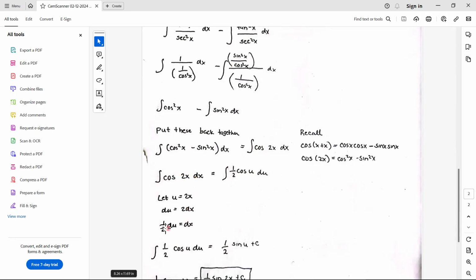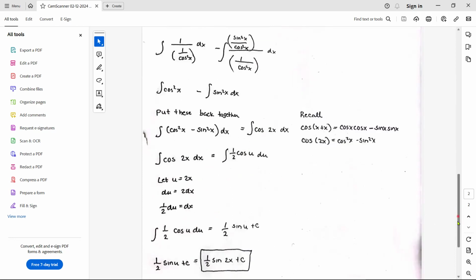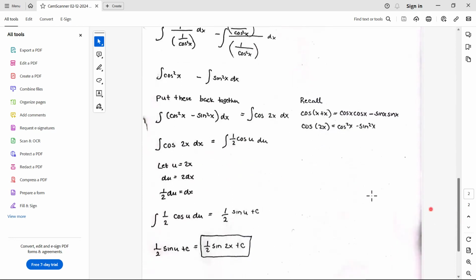Du is 2 dx, and then use a fraction to help me. So what I end up with is du is 2 dx, 1/2 du is dx, and what I get is the integral of 1/2 cosine u du.